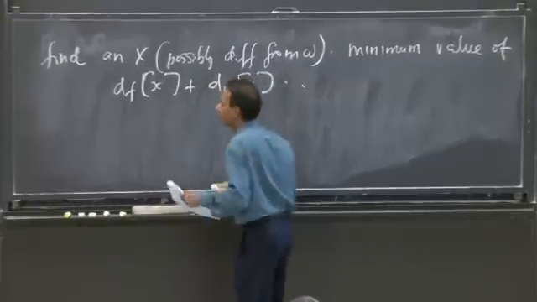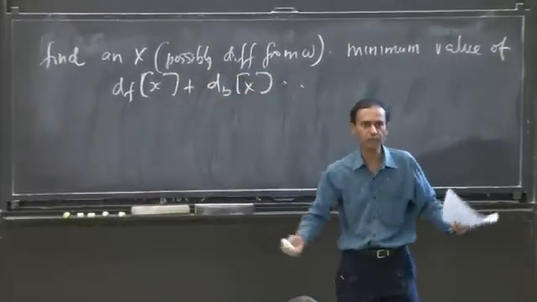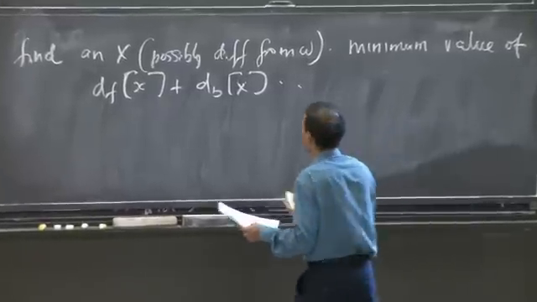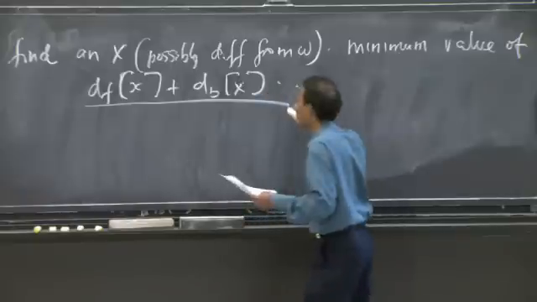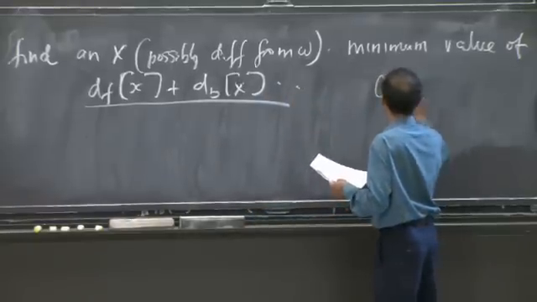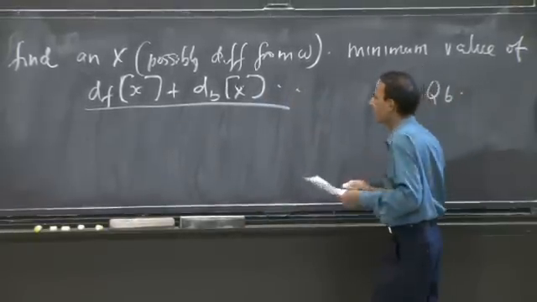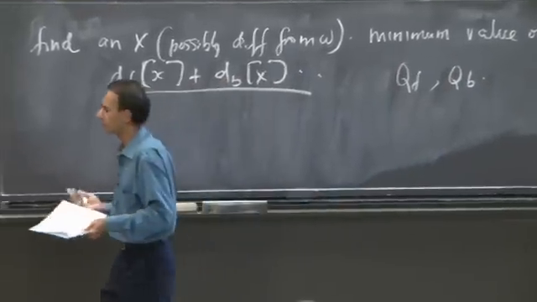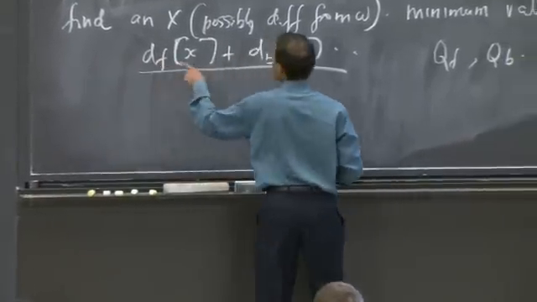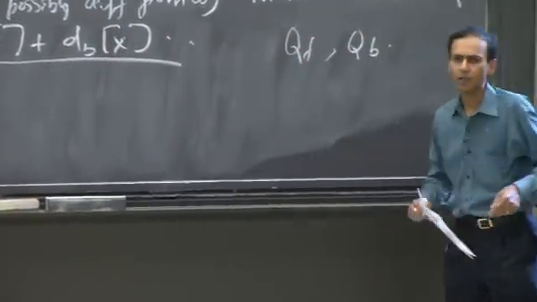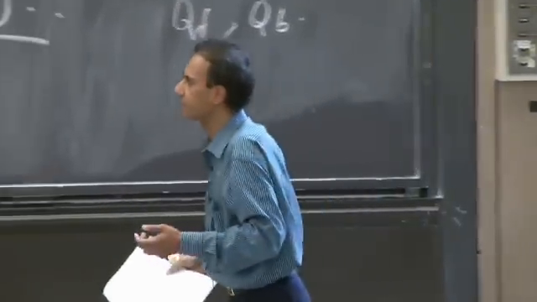So we have to actually look, and this x is going to be neighboring, but we don't really need to specify that. We're going to have to look at qf and qb, and it's possible that w is the one that has minimum df of w plus db of w. But clearly that wasn't the case in this example.